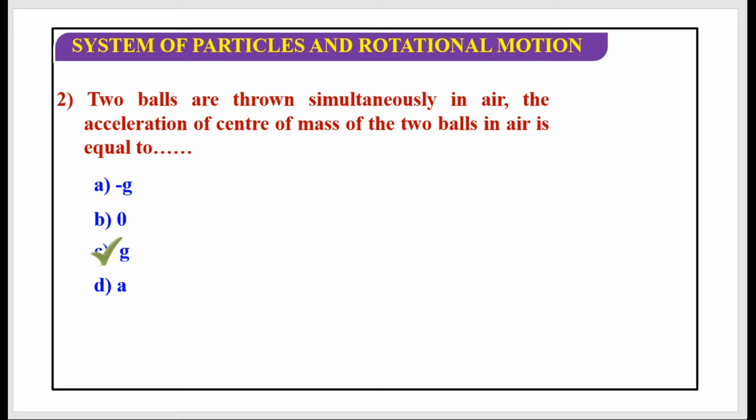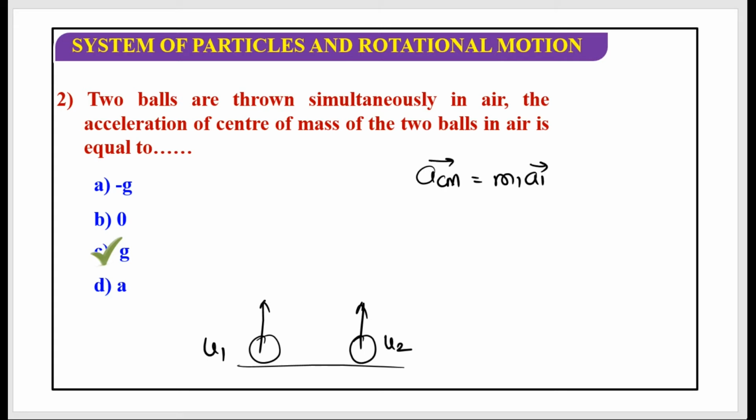Let's look at this. This can be proved even like this. This ball has been thrown in the upward direction with speed, let's say u1. This one has been thrown in air with a certain speed u2. While writing ACM, it's m1 a1 plus m2 a2 divided by m1 plus m2.